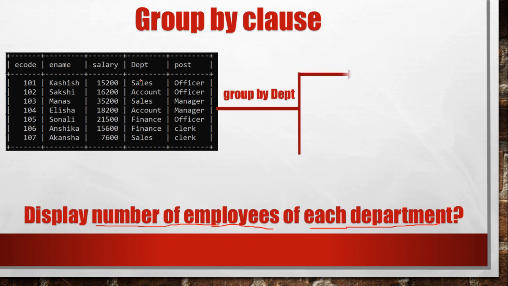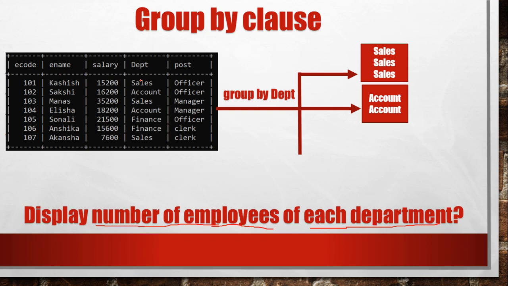First it internally makes a group which contains all the sales department employees' records. Then it creates a group which contains all the accounts department employees' records, and finally it finds the group which contains all the finance department employees' records.